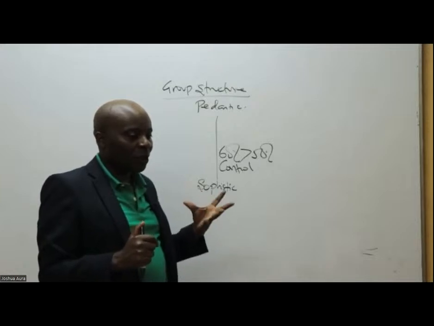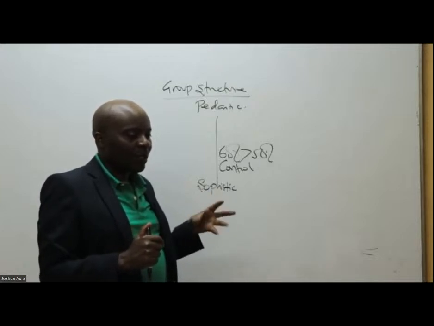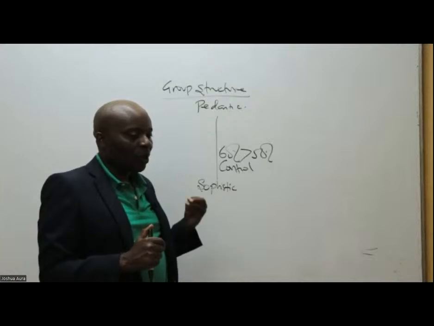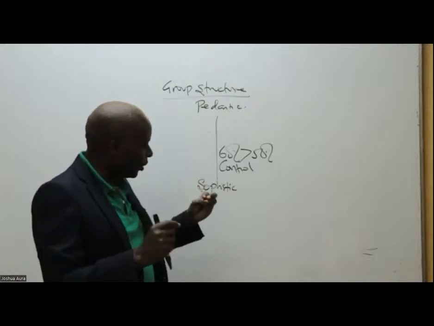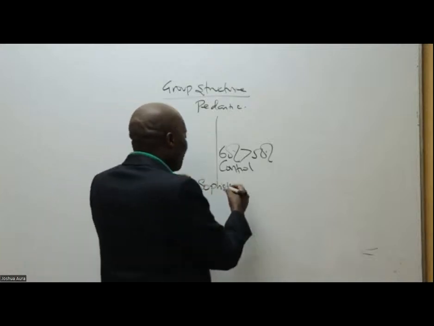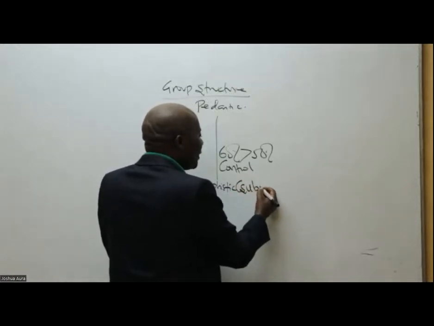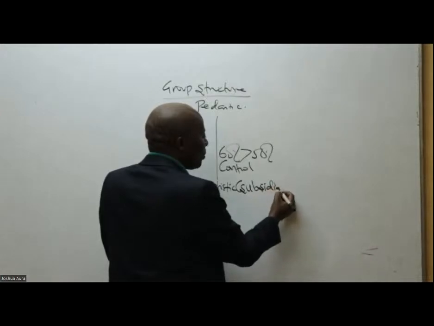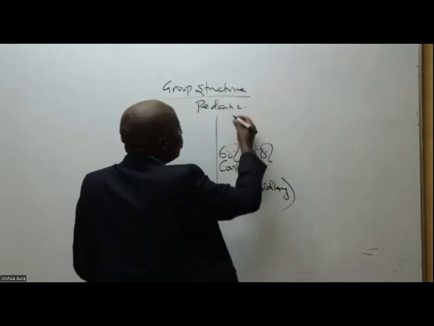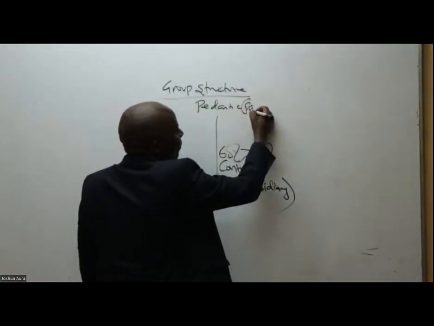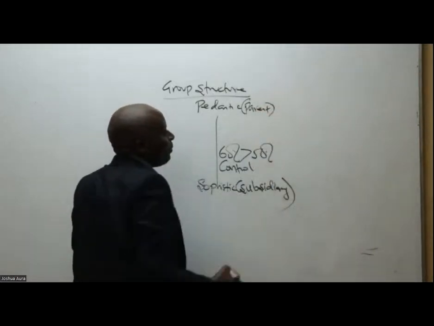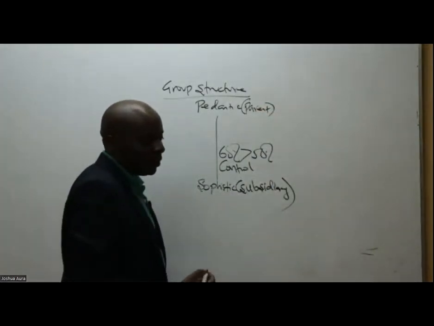Are they associates? I'm asking you a question. They are subsidiaries. Thank you very much, Bahar. So if there is control, then the company that is being controlled will be called a subsidiary, whereas the controller here will be called a parent company.